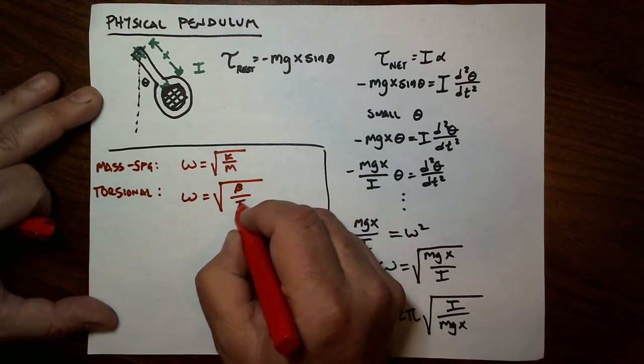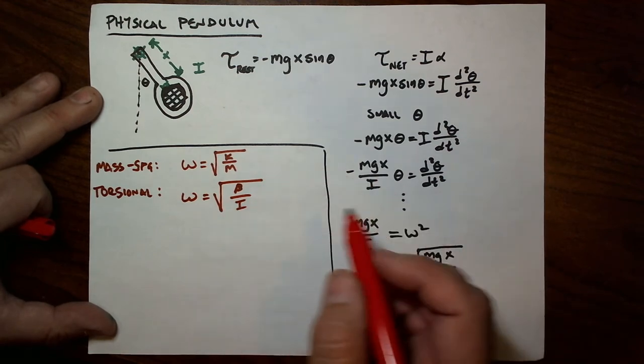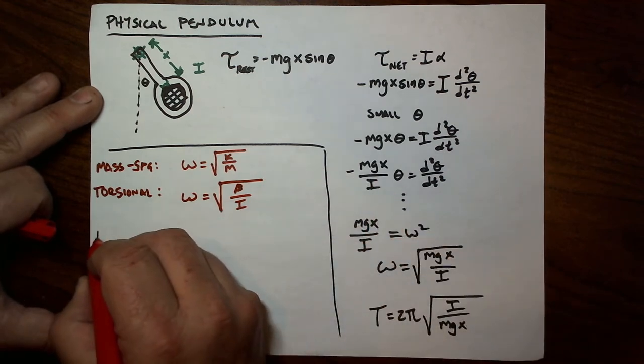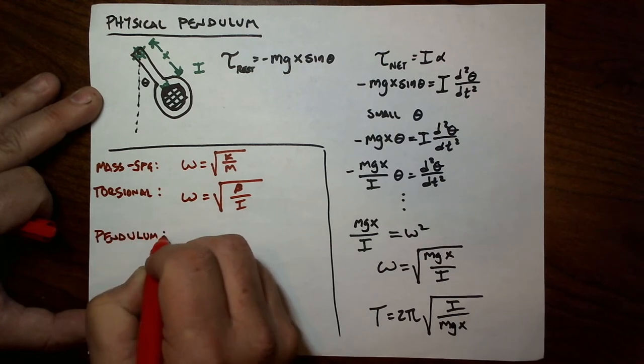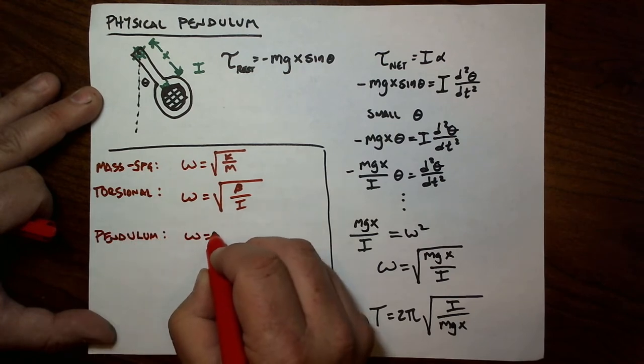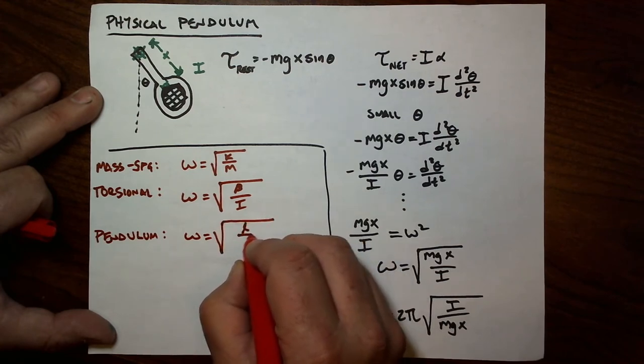I? That's right, we didn't know what I was. One half ml squared or something like that. Then for the actual regular pendulum, omega was the square root of L over g.